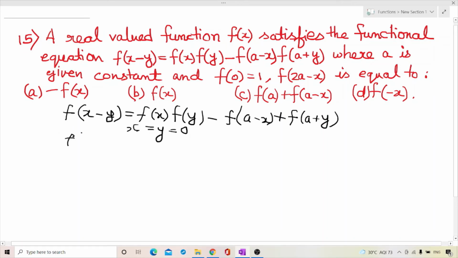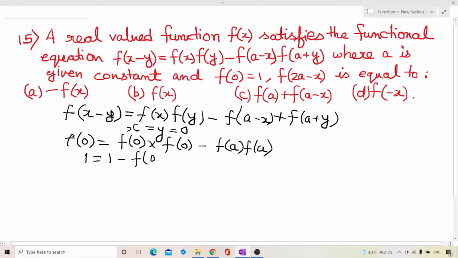So this becomes f(0) is equal to f(0) into f(0) minus f(a) into f(a). Now f(0) is given to be 1. So this becomes 1 is equal to 1 minus f(a) whole square. This implies that the 1 and this 1 get cancelled out. So f(a) is equal to 0.